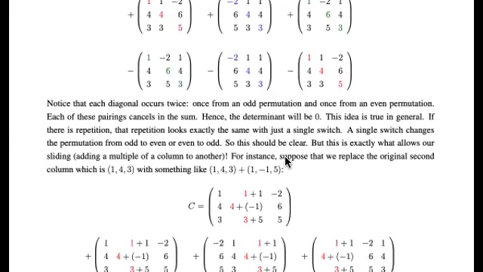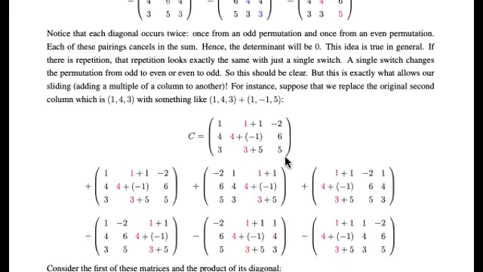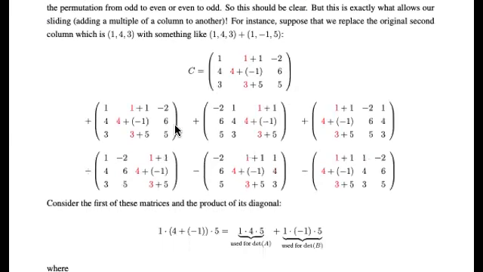Okay. So let's now think about how we can use that idea with what happens if we slide, meaning we add a multiple of one column to another one like this. See these red numbers here? Let's consider what's going on. We can do the same idea of permuting the columns, and then we look at the diagonals and multiply them together.